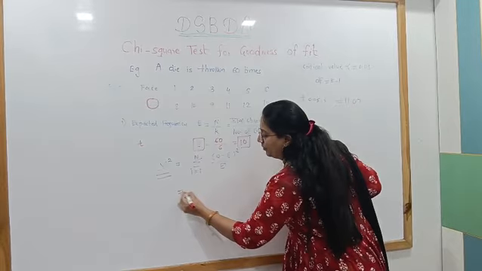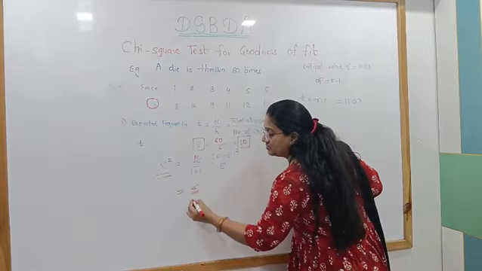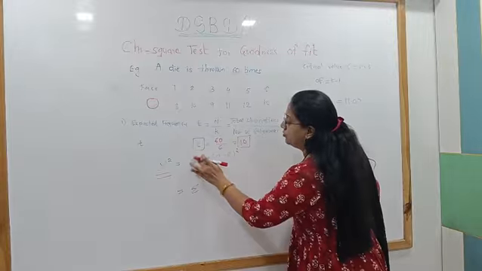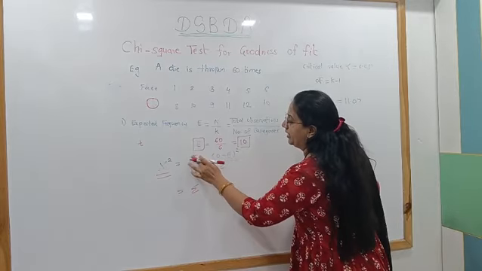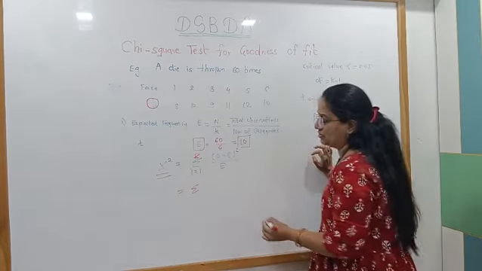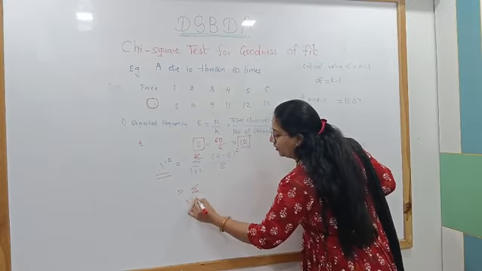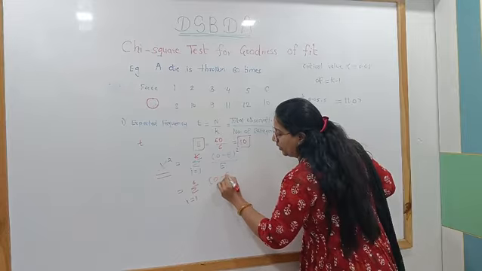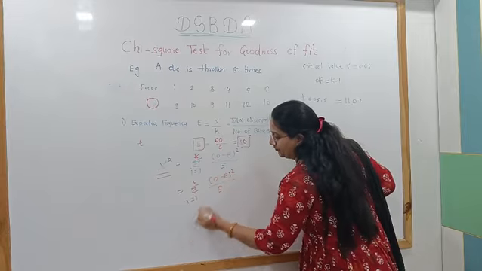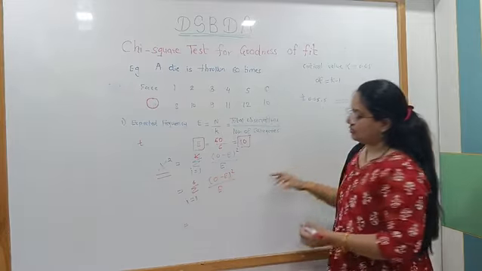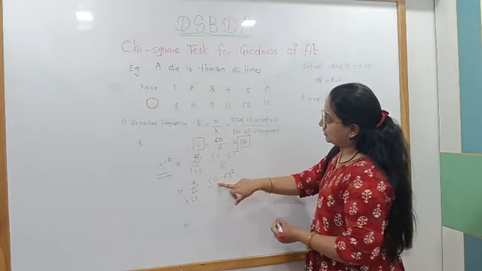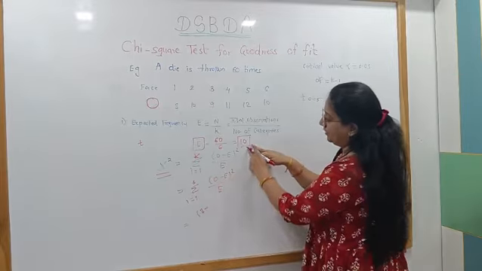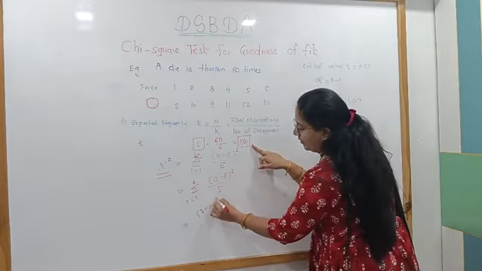So I will change the formula: the value of n, small n, is nothing but the K, the number of categories. So it is from i equal to 1 to 6, of O minus E squared divided by E. The observed frequency of the first is, suppose, 8, minus expected frequency 10, bracket squared.